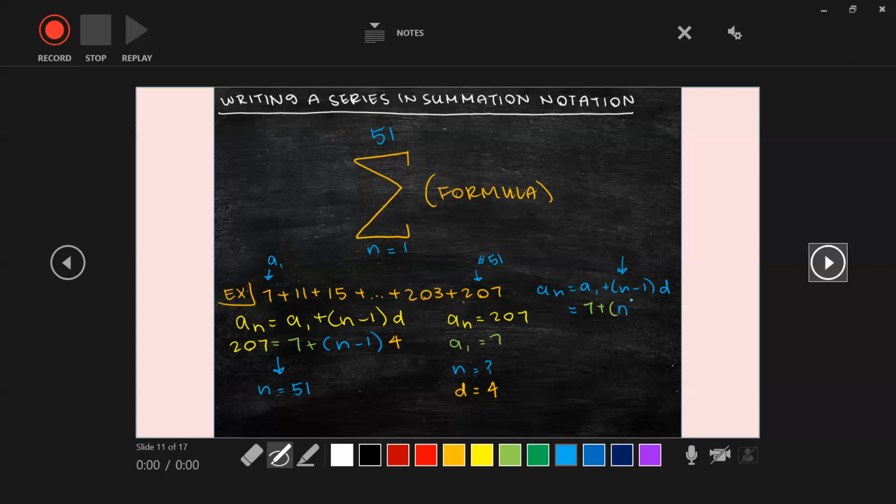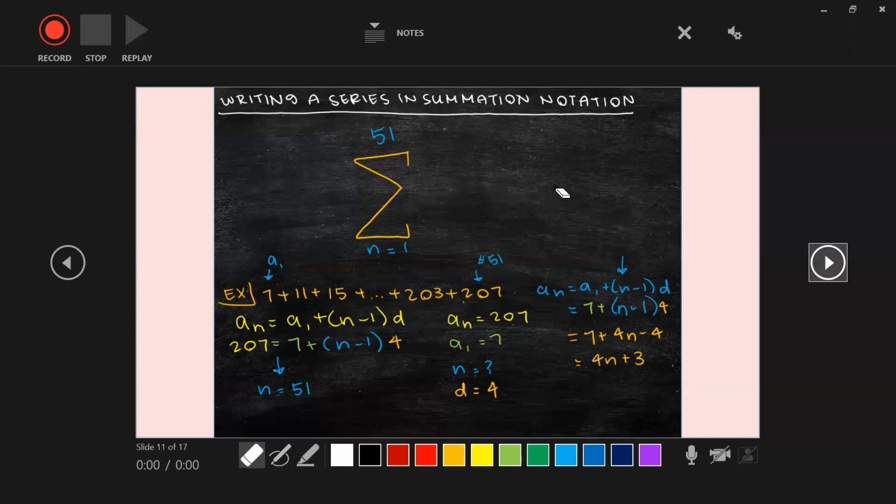So I'm actually going to leave my n as it is in order to create a formula where we always have that secret ingredient. We always have something we don't quite know. And we do have my d is 4. So if we simplify that, I'm going to have 7 plus 4n minus 4, or 4n plus 3.